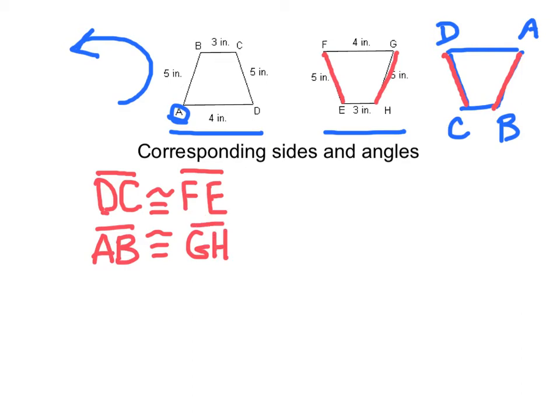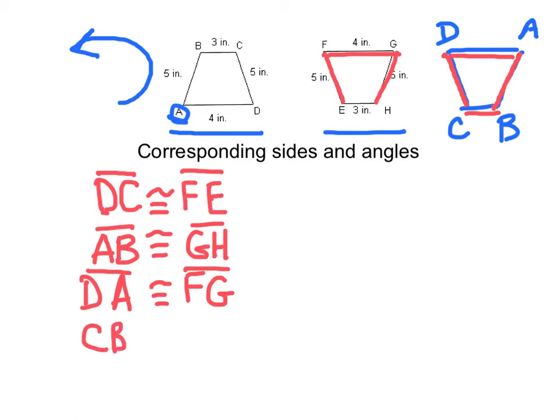And then we have side DA corresponding to FG, and they're congruent. And then side CB corresponds to EH. So these are the corresponding sides.